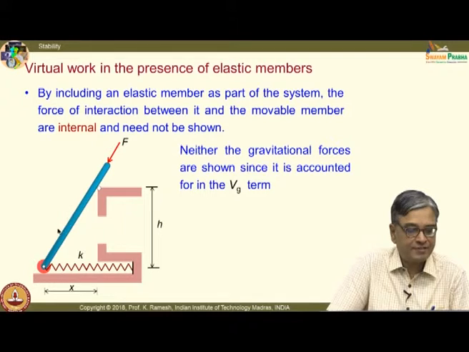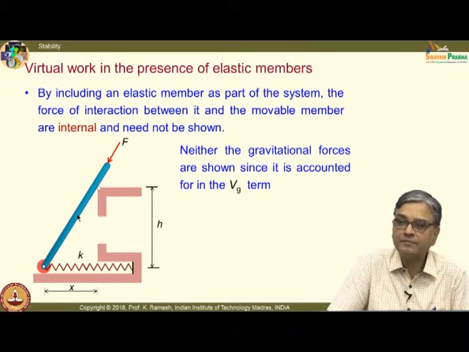And suppose this link has some weight. In many problems, we have solved it without considering the weight of the member, and in some problems we have considered the weight of the links.